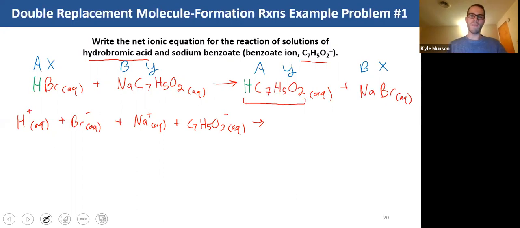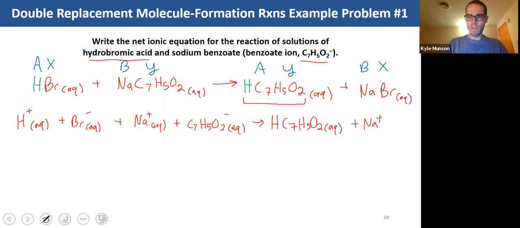That's what I was saying about how to identify the weak acid. He's the guy that got the proton from the strong acid, hydrobromic acid. So what's going to happen here is because he's a weak acid, this compound is actually going to stay together. This compound stays together because weak acids, even though they're aqueous, do not completely ionize. So he stays together.